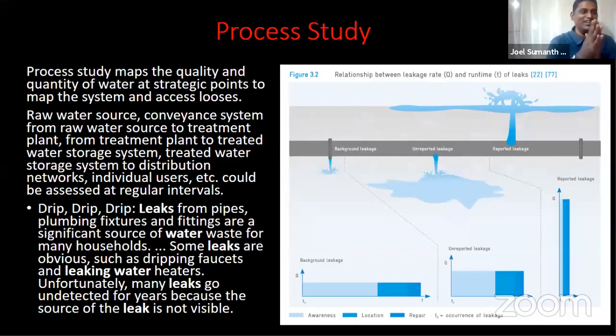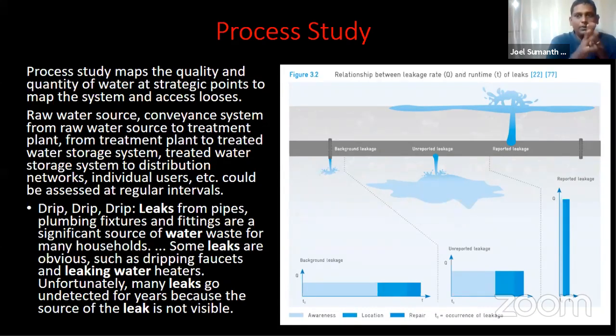So if you see, background leakages are there for a long period of time, and because they are very small in quantity, it keeps happening for a long period of time and they are not reported. And then you have unreported leakages. They also happen for a very long time. And reported leakages are something which are addressed very, very urgently.